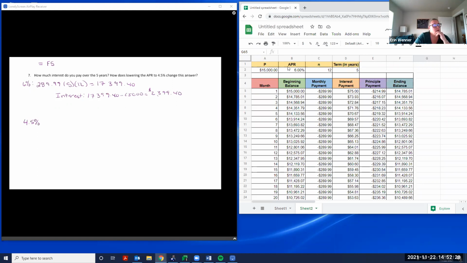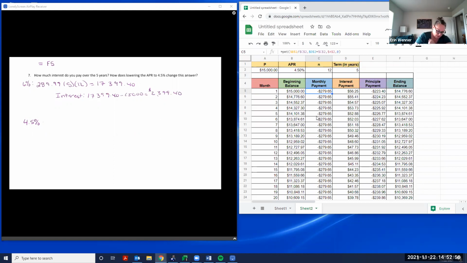So in your Google Sheet, all we have to do to calculate this, if we're playing with different APRs, is right here in location B2 type 4.5. And that will automatically adjust our entire Google Sheet. So you'll notice I changed it from 6 to 4.5 and suddenly our payment dropped to $279.65.